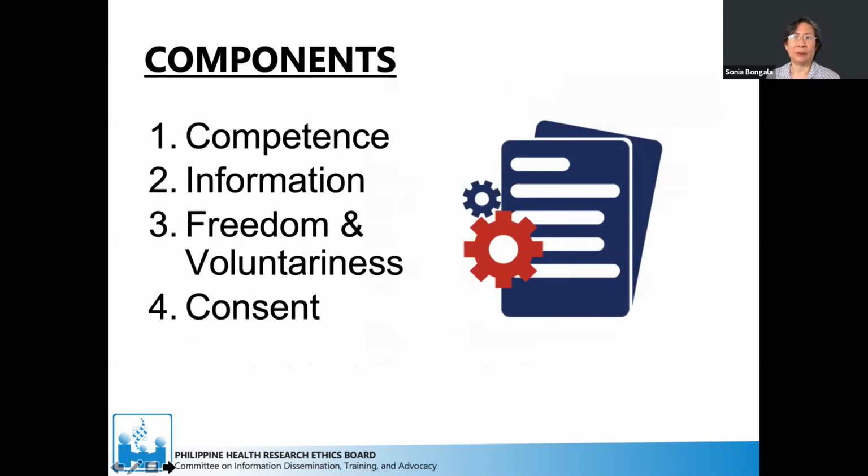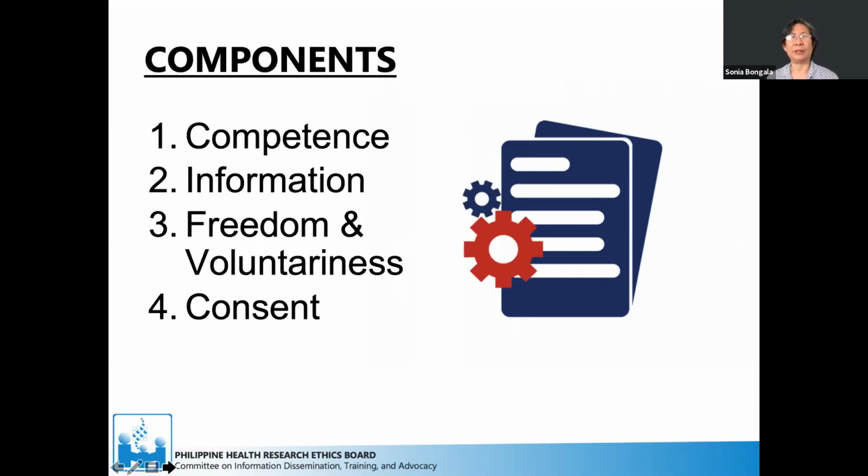First, the one who will give the consent should be competent, meaning has the capability to think through whatever contents there are in the form, and can, in his right mind, decide whether to join or not.